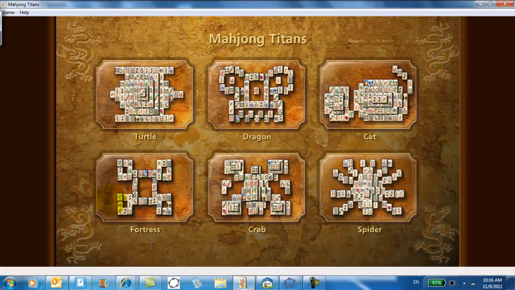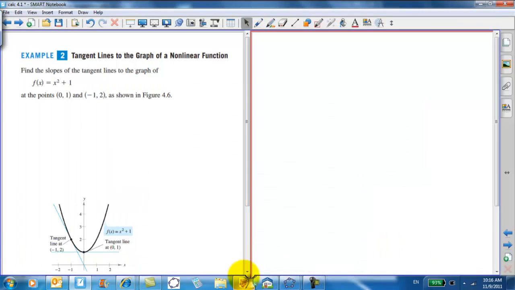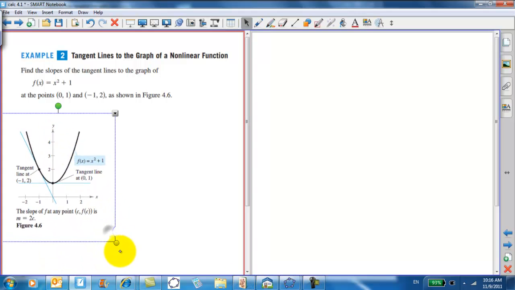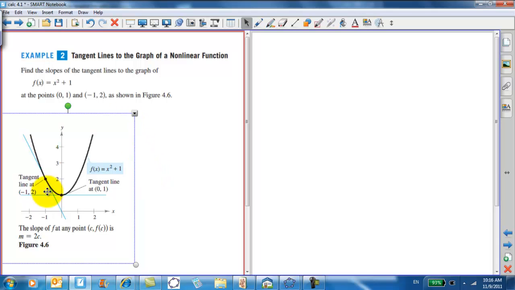Let's make this a little bigger. We're going to try and find the tangent line at negative 1, 2, and also at 0, 1. So let's start at 0, 1. What's the tangent line? It looks like it's horizontal.